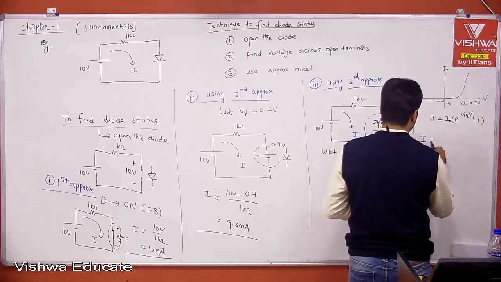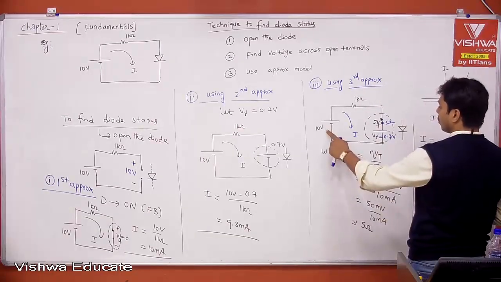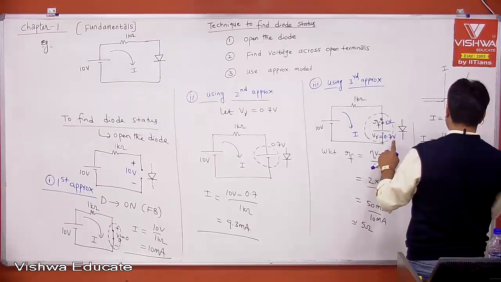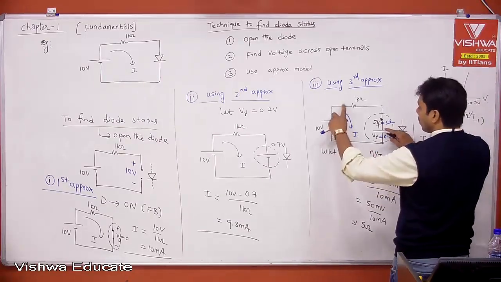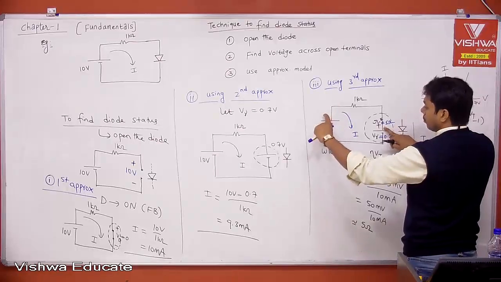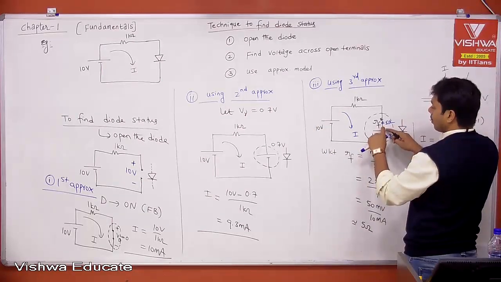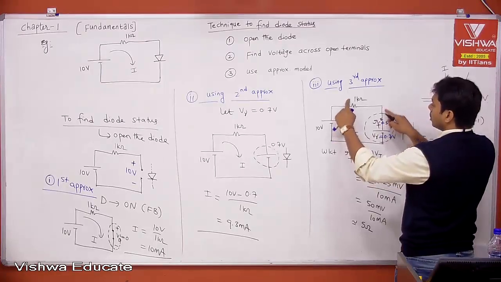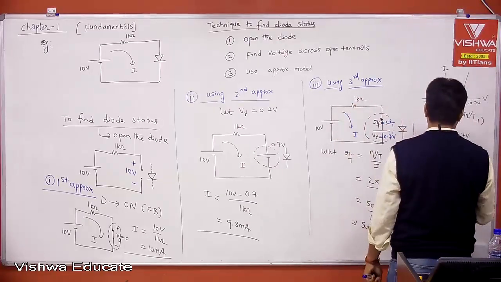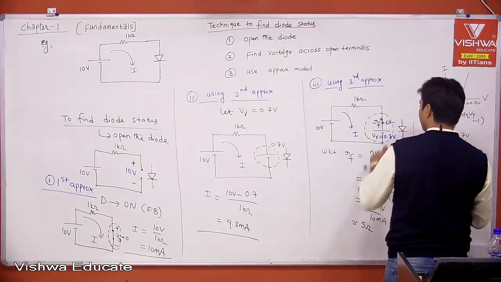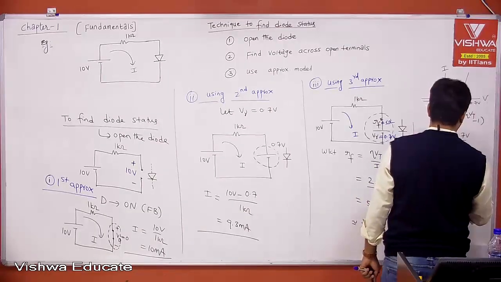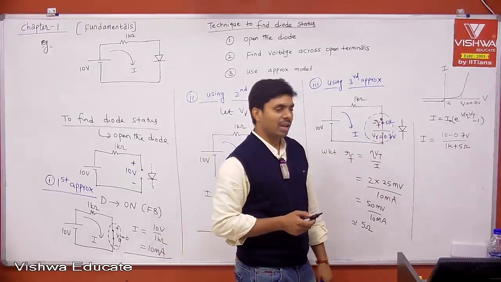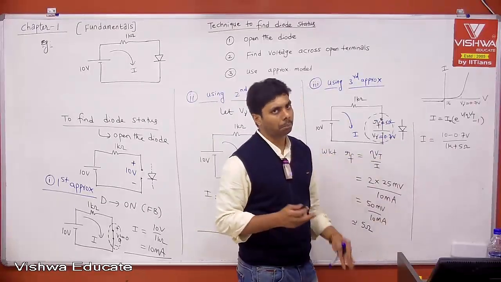Using node analysis, out of 10 volts, 0.7 is dropped across the battery, so 10 minus 0.7 is the voltage drop across the remaining two elements. Collectively, you can take 1 kilo ohm plus 5 ohm. Tell me, is 5 ohm significant with respect to 1k?